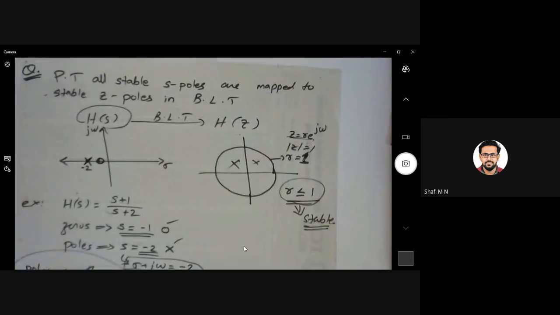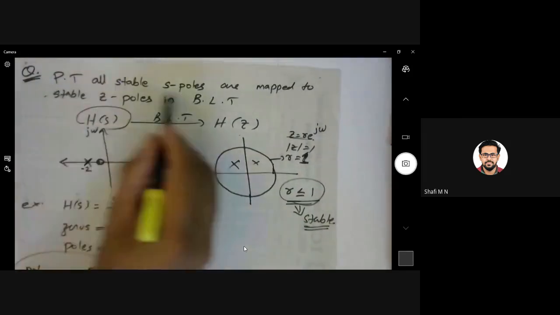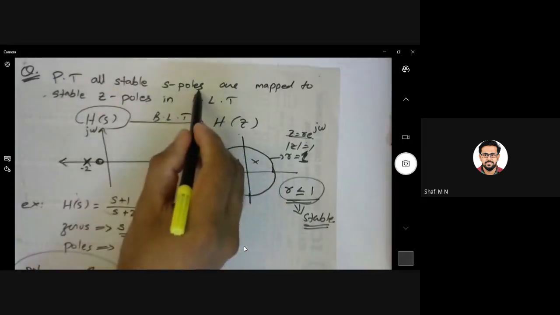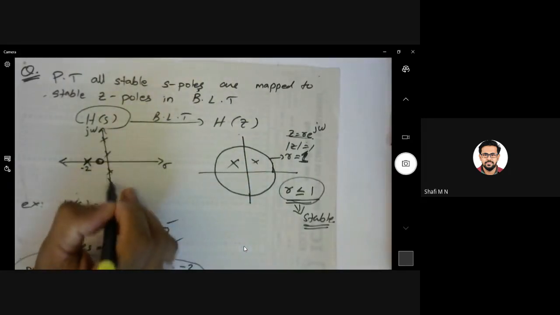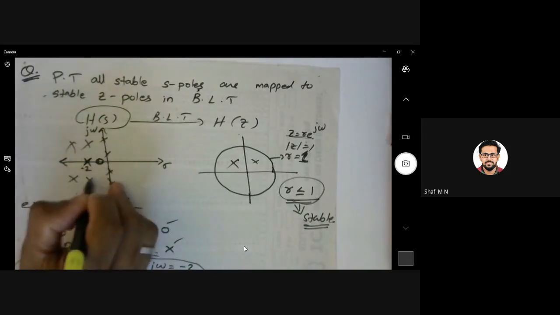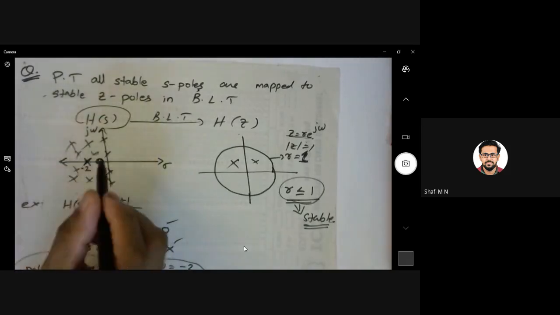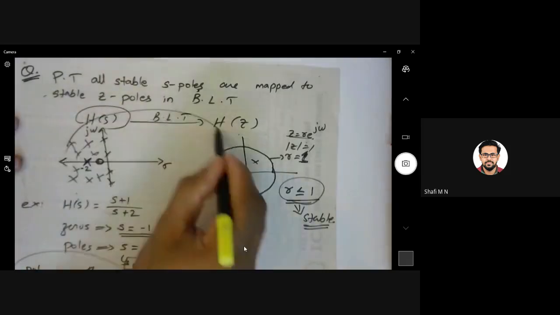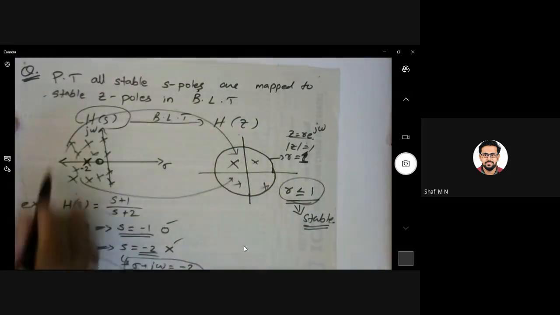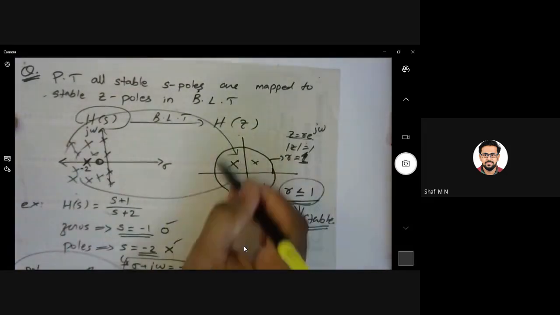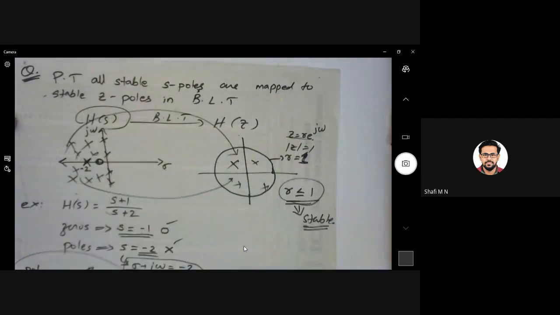Now come back to the question: what do you have to prove? You have to prove that all stable S-plane poles, that means poles anywhere in the left half of the S-plane, should be mapped to the area inside the unit circle. Consider this particular pole, the pink one.